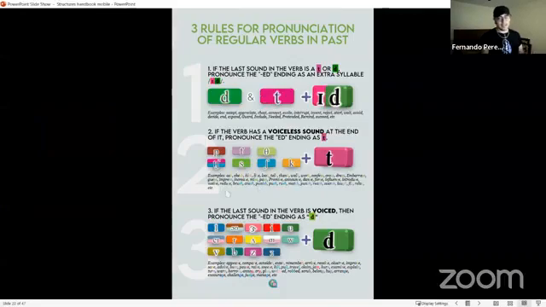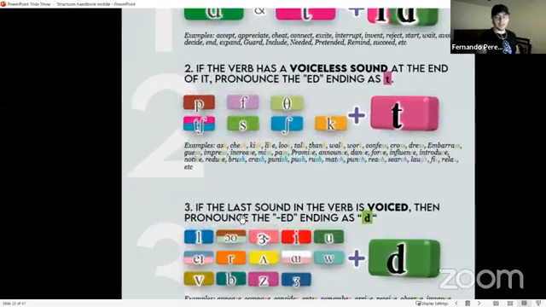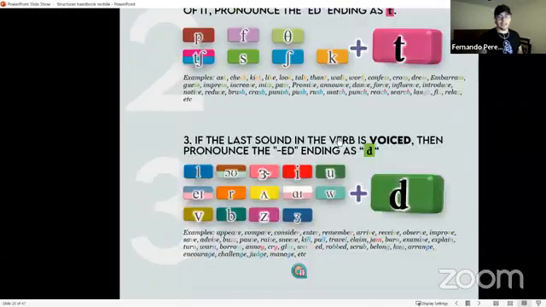In this case, we are going to use rule number 3. If the last sound in the verb is voiced, like in this case, the letter N, then the pronunciation is D. So blacken, in past, blackened. Sharpen, in past, sharpened, etc.